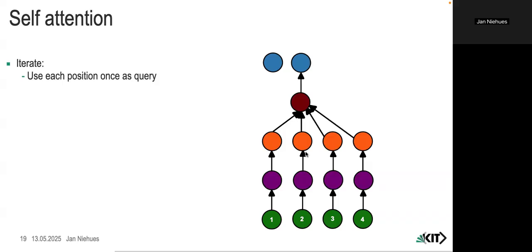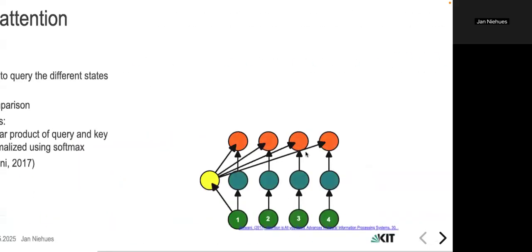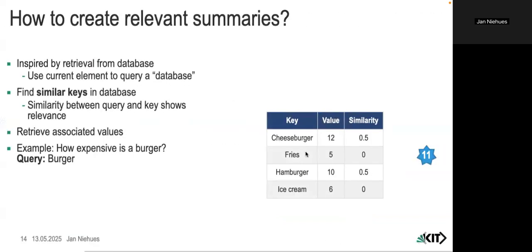So there are two ways of maybe motivating them. The one thing is, again, you can look at your database. The key tells you how you should compare it to your query, so whether this is the same or not. The value is then which information you want to give away, so the price.